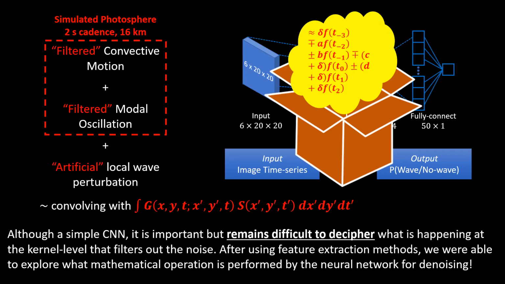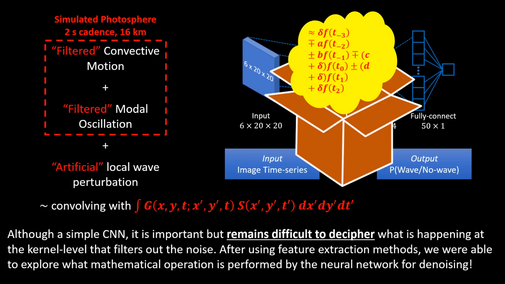And we found something very interesting. This is where explainable artificial intelligence comes in: you are not only using the network as a black box, but trying to understand how it is doing it. What we found is that the neural network is not looking at the frequency space or the temporal space, but is working in some sort of velocity space.